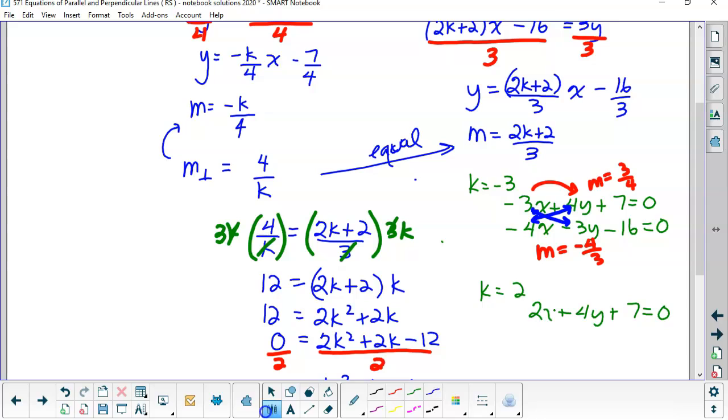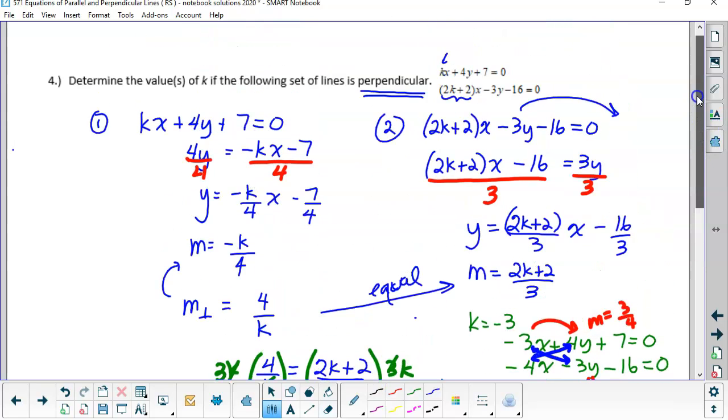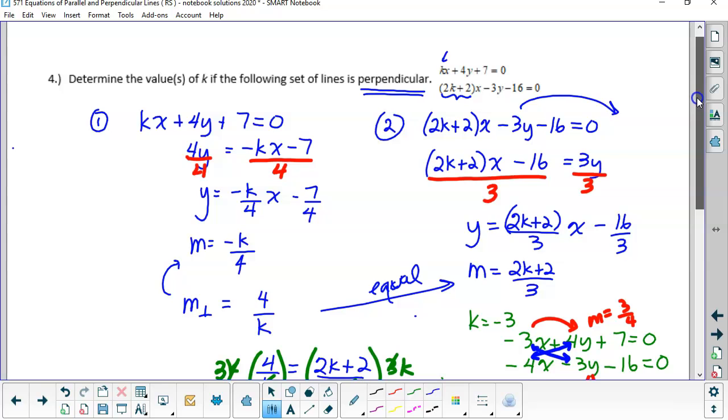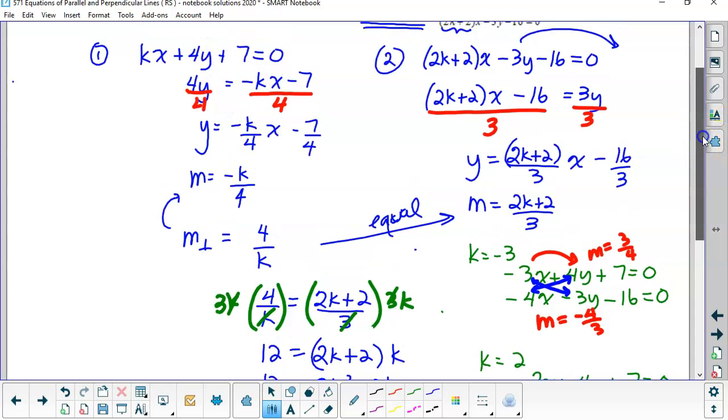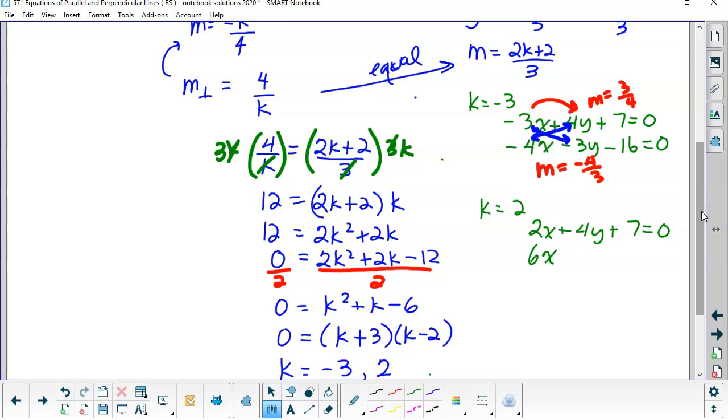It's 2x. So then when k is 2, it's 2 times 2 plus 2 is 6x. And then it was minus, sorry, I just don't have it on my screen here. Be patient with me. So that's going to be 6x minus 3y minus 16 equals 0.